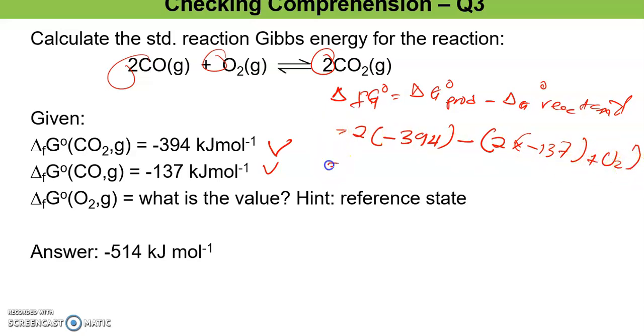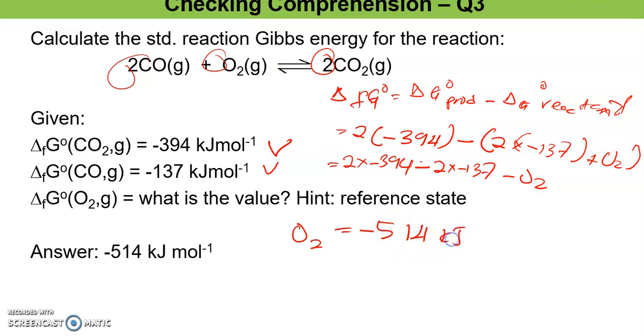So if we simplify it, we will have 2 times negative 394, minus O2. So we will have the answer negative 514 kilojoule per mole.